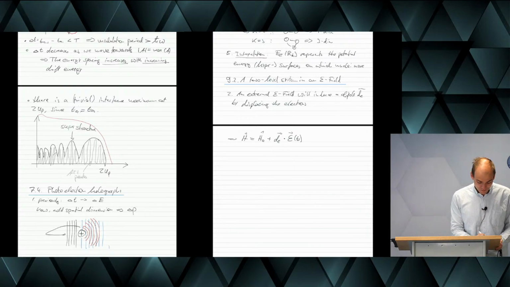Or the time-dependent Schrödinger equation could be written like this: i h bar d over dt is the field-free part, and then the dipole interaction.